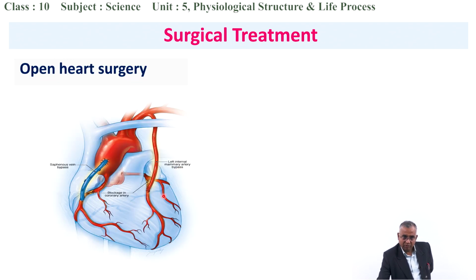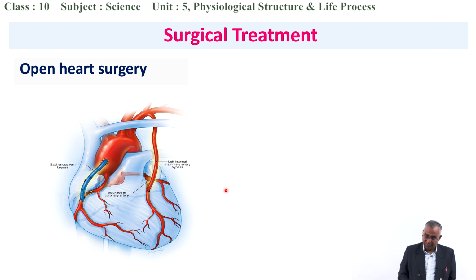Look here. Here is a branch of an artery. That branch of artery is grafted here. But in this case, what is happening? A vein is taken and this vein is grafted in between the artery and just below the blockage. So not only artery is used for it, veins also can be used.